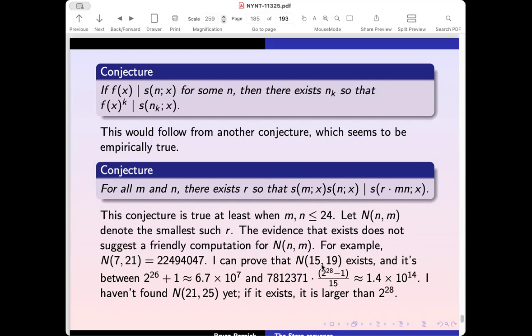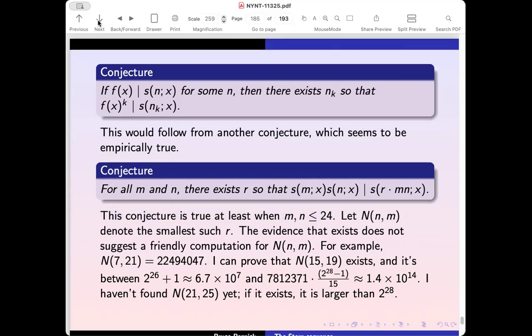I know there's something that works for 15 and 19, and it's between 67 million and something times 10 to the 14th. I had sort of a tricky thing that got me this value. I'm currently stuck on 2125, which is why I stop at 24. And as I said before, my computer is very patient.